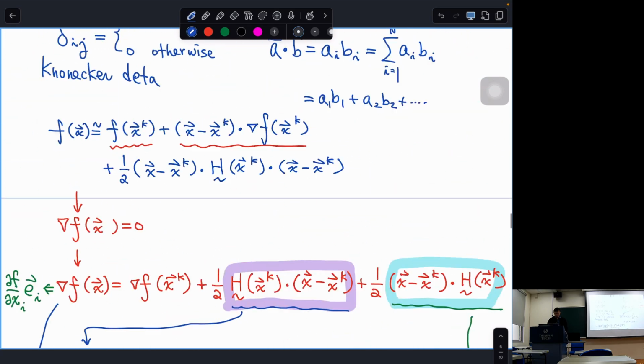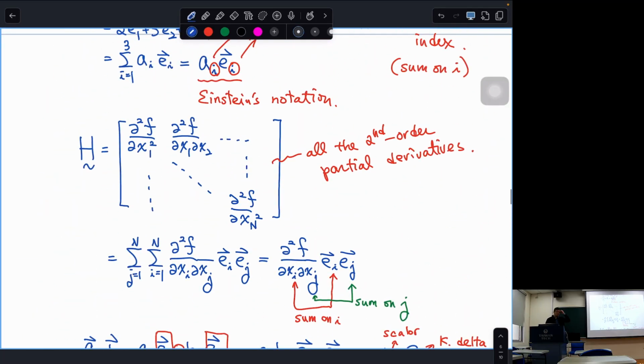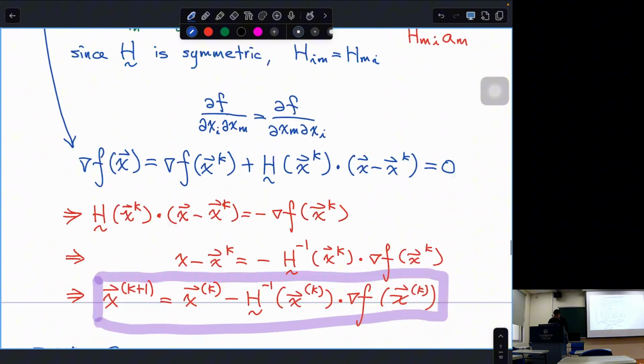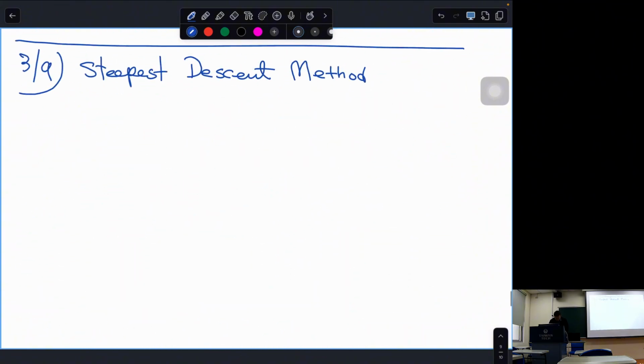So when you know the function form, it's easy to do derivatives, but sometimes you don't know the function form. What does it mean? So knowing the function form is like, there's a function looks like this.